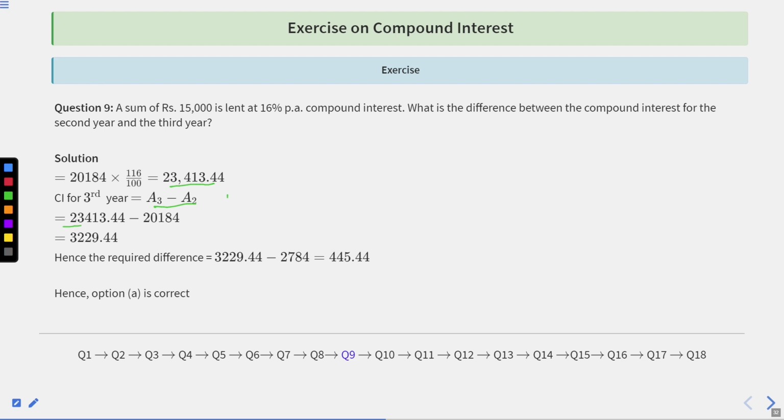That means 23,413.44 minus 20,184, which is equal to 3,229.44. And the required difference is 3,229.44 minus 2,784, which is 445.44. The option correct here is option A.